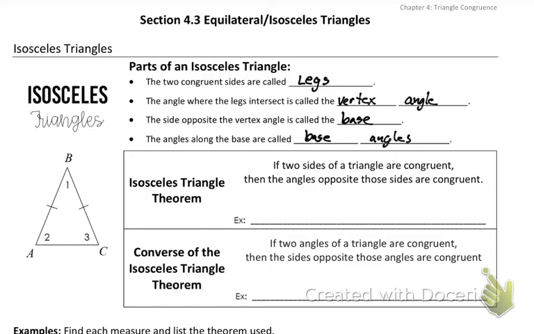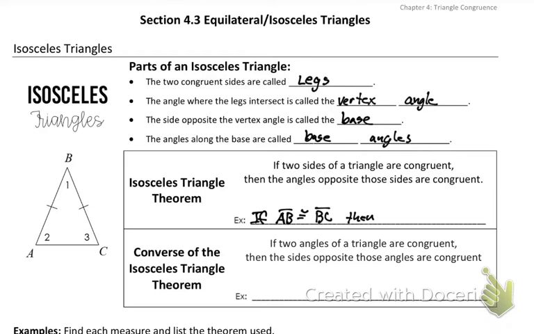So if you have an isosceles triangle, base angles are congruent. Looking at the picture, if we can say that AB is congruent to BC, then the angles opposite them will be congruent.